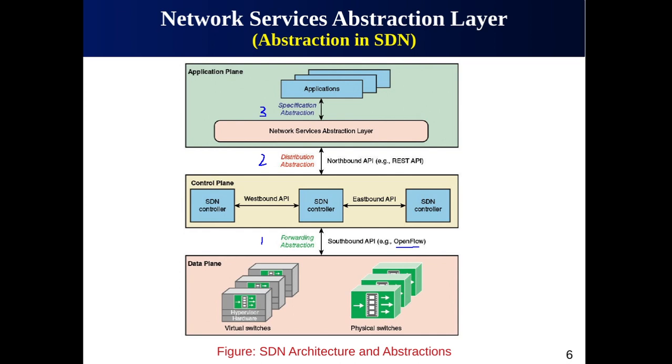The distribution abstraction hides, for example, the distributed nature of the SDN controller and provides a global network view. The specification abstraction provides a single global network view to the application, and it hides the physical network details from it.